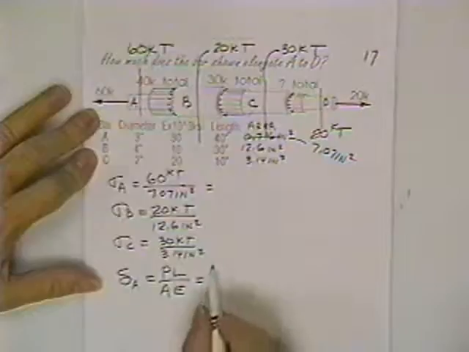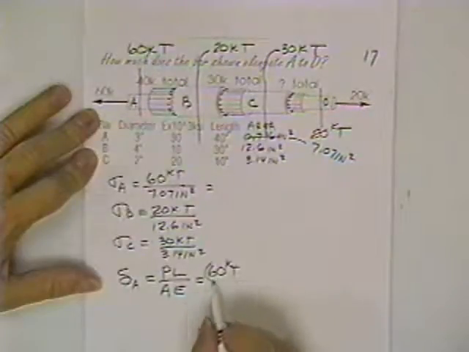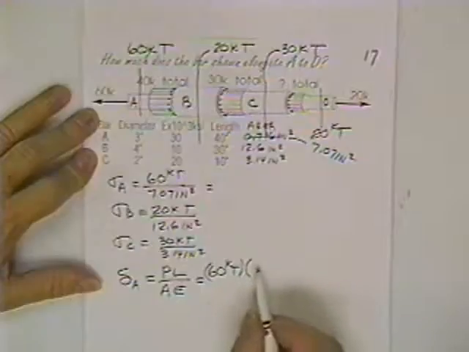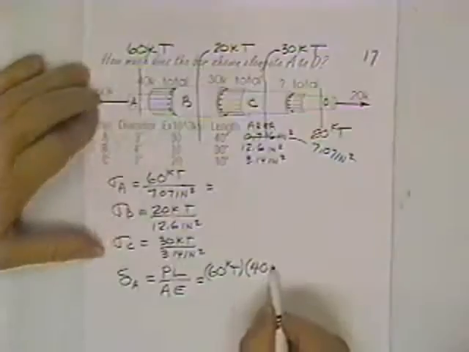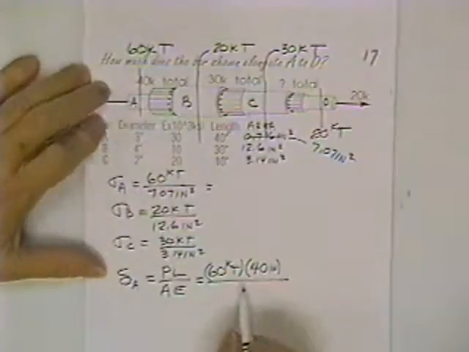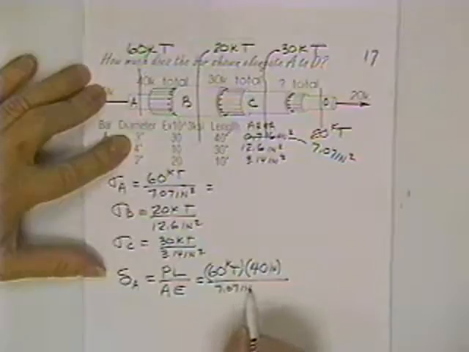So the load in bar A is 60 kips of tension. That means that bar is going to get longer. The length of that bar is 40 inches. The area of that bar we've already worked out is 7.07 square inches.